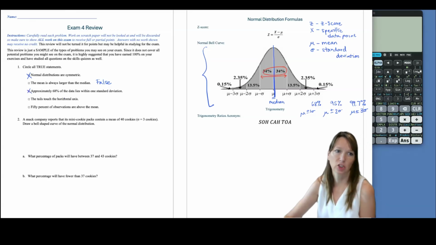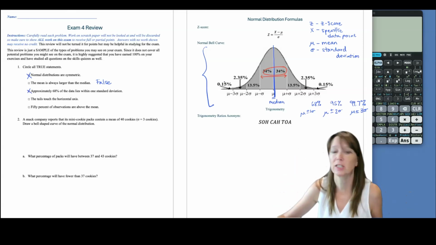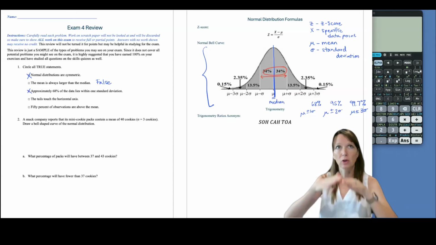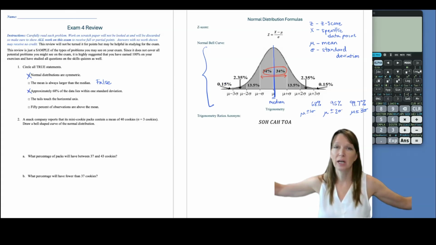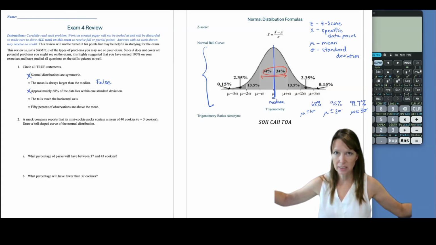The tails touch the horizontal axis. So while my picture shows that the tails are touching, or looks like they're touching the x-axis, part of the definition of a normal bell curve is it does go on forever, getting infinitely close at the ends to the x-axis, but it never touches.